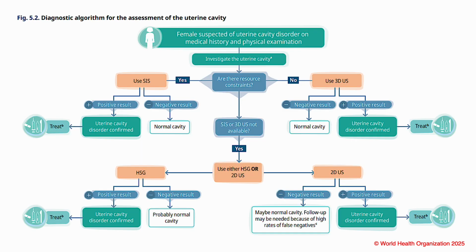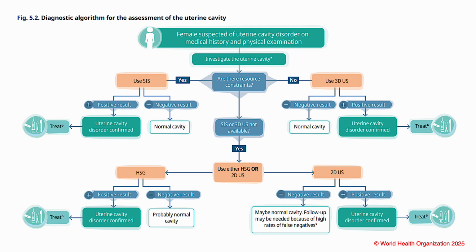This is the diagnostic algorithm for assessment of uterine cavity. The same things are there, just in the algorithm form which I explained. Whenever a woman comes with a medical history and physical examination suggestive of uterine cavity abnormality, if there are no constraints and resources are available, always go for 3D ultrasound. But if resources are not available, go for saline infusion sonography.